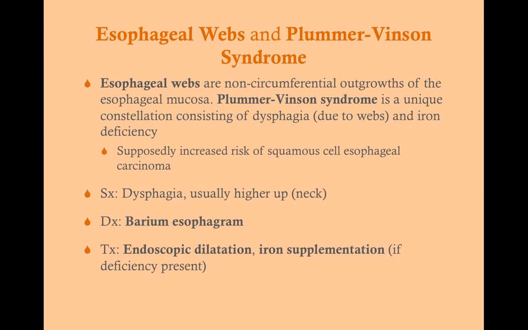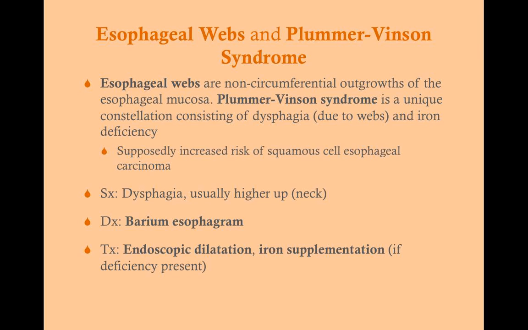So it can be useful in a patient that has webs or has dysphagia to look at their blood work, to take a look at their CBC, see if their hemoglobin is depressed, because that can be useful in possibly seeing if this is something that might be deeper than just esophageal webs. So Plummer-Vinson syndrome is esophageal webs, but it's esophageal webs with iron deficiency.